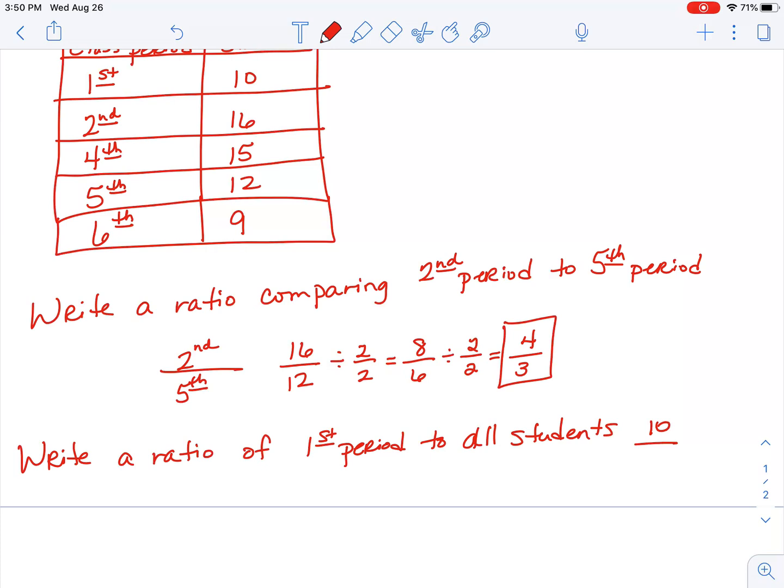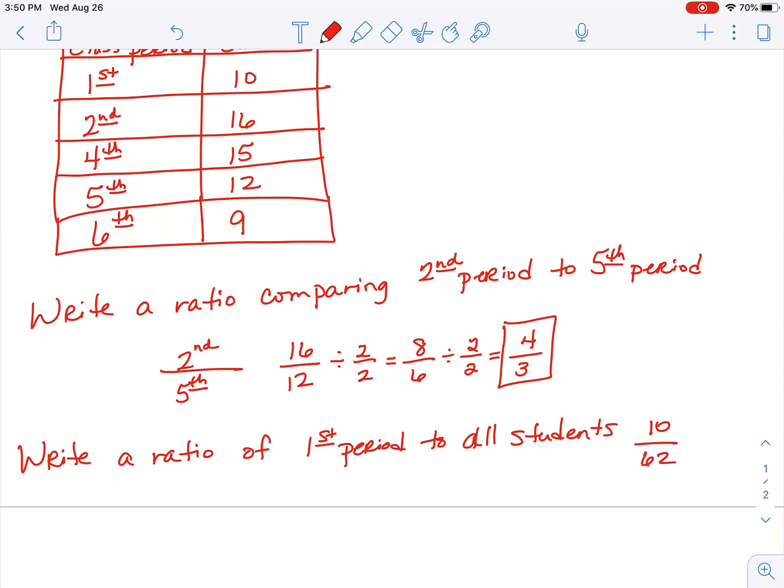And all includes first period, because they are part of the all. So I would add 10 plus 16 plus 15 plus 12 plus 9. Got 62. I'm going to add that again because I don't trust myself. 10 plus 16 plus 15 plus 12 plus 9. And you guys should have a calculator because it was in your Scotty kits.